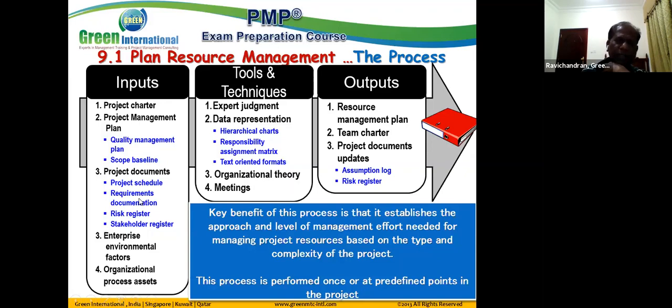Definitely, it depends on the requirements. We may need to determine what type of resources, what quantity of resources, what kind of expertise and skills they need to have, all can be determined. Risk register is useful information. Stakeholder register, where we can utilize many of the stakeholders having good experience in the resource management area.